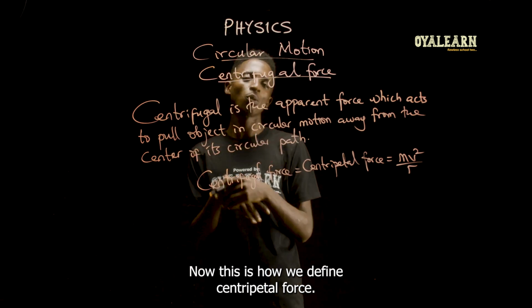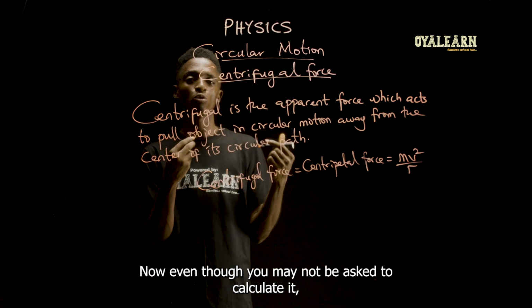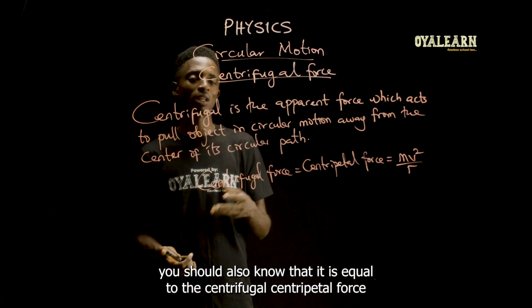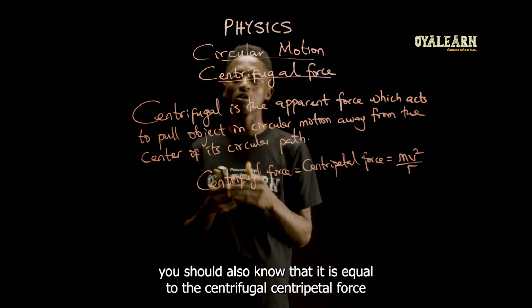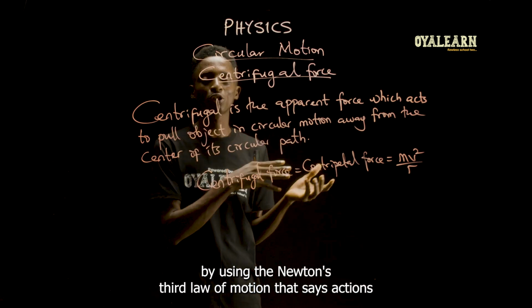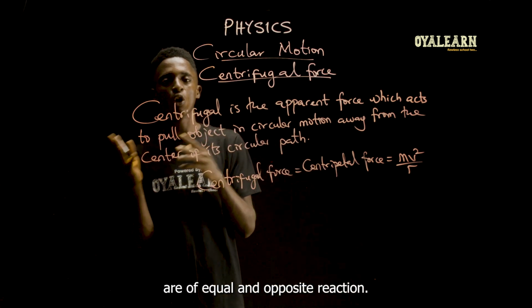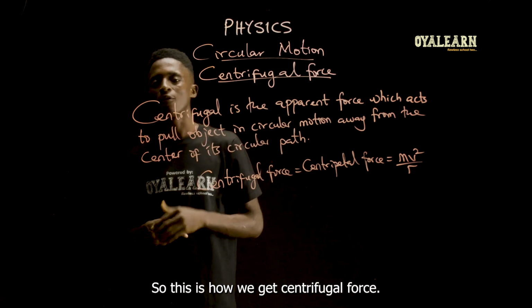Now, this is how we define centripetal force. Even though you may not be asked to calculate it, you should also know that it is equal to the centripetal force by using Newton's third law of motion that says actions have equal and opposite reaction. So this is how we get centrifugal force.